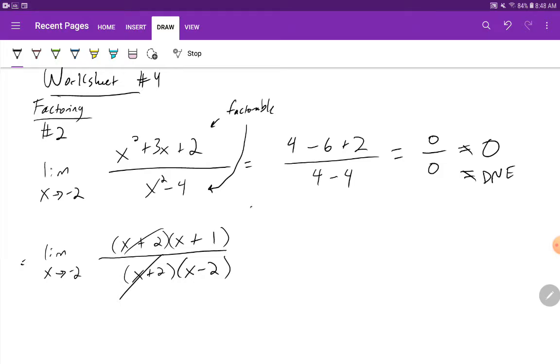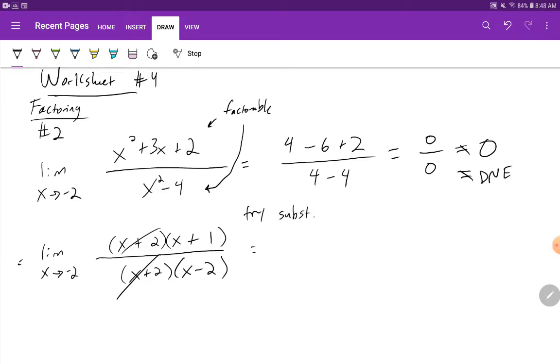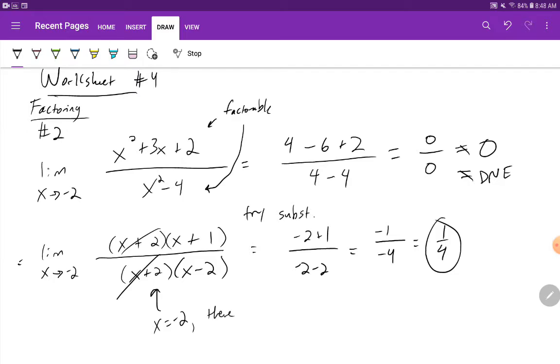Now, I can try substituting again, and actually we're going to find out this works. If I plug in negative 2, I get negative 2 plus 1 over negative 2 minus 2, and that should be negative 1 over negative 4, which is 1/4. So what that means is at x equals negative 2, there's actually a hole, a removable discontinuity.